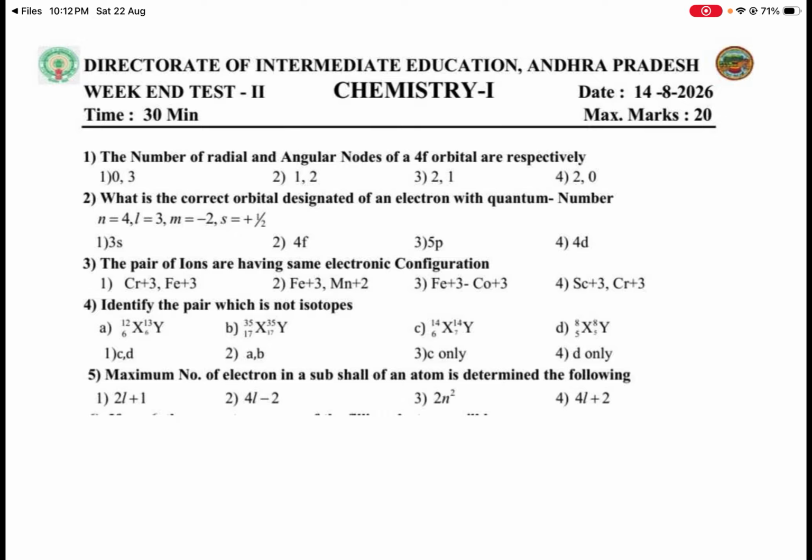Here the radial and angular nodes are nodal planes. Angular nodes are nothing but where the probability of finding an electron is 0, and this is equal to L, that is the azimuthal quantum number.